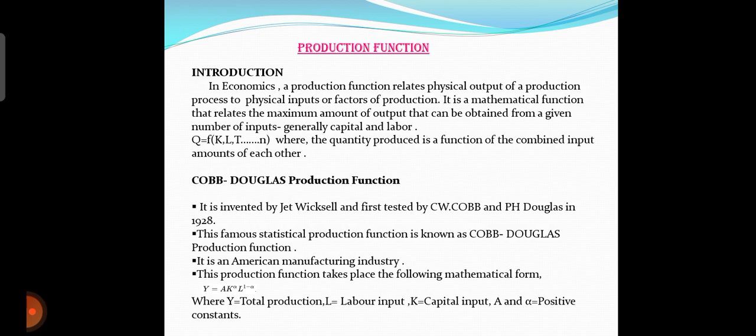It is based on the American manufacturing industry. This production function has a mathematical form where Y is equal to total production, L is labor input, K is capital input, A and lambda are positive constants.